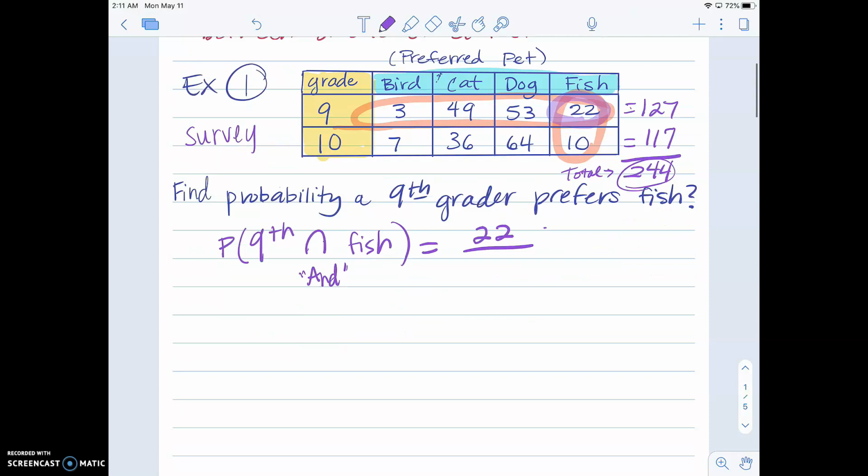And then last but not least, you simply want to simplify that down. 22 over 244 would simplify to 11 over 122. And that would be your answer in simplest fraction: the probability that you're in 9th grade and you also prefer fish.